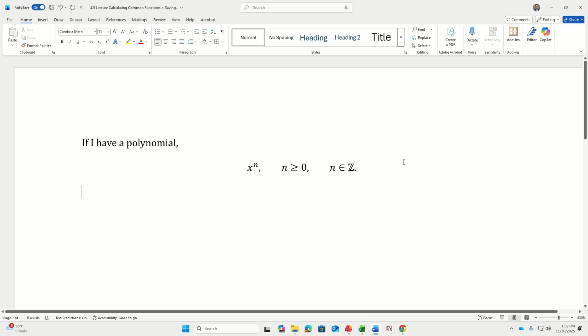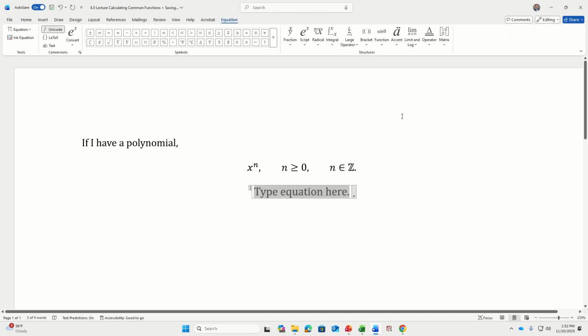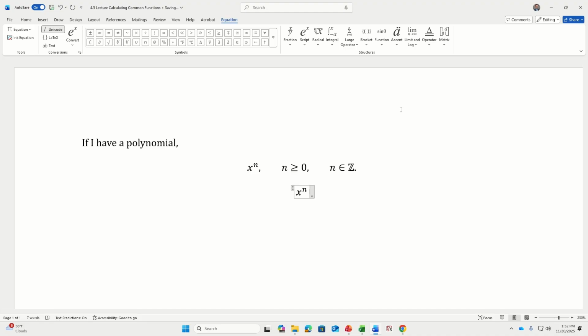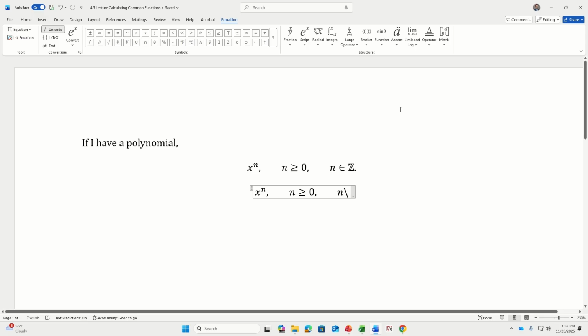Like, okay, so what I just typed out was x caret n, like that. And you hit the space bar. It does the thing for you. And then comma, space, space gives you a big space. N greater than or equal to 0, comma, space, space. N, that's important. This little backslash thing, that's a backslash, right? N backslash, and then I'm going to type in the word in.